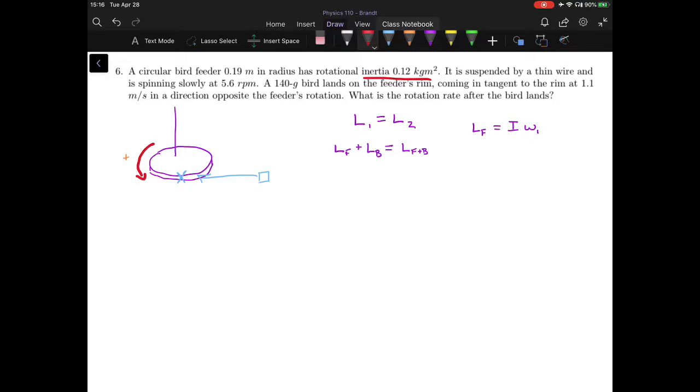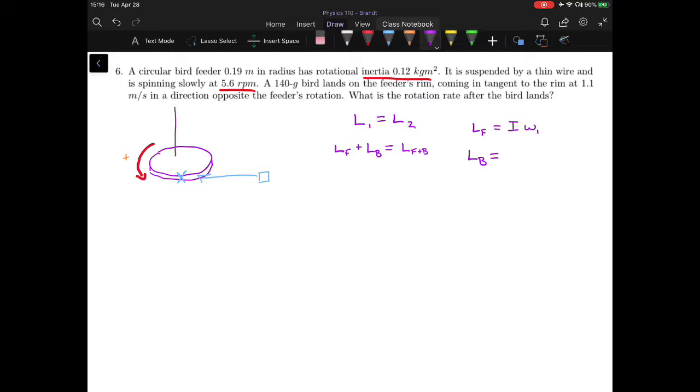So we're given I and we're given omega. We're going to have to convert that omega, but we'll do that a little bit later. But that's sufficient for us to know that we have I and omega, so we're done with the angular momentum of the feeder.